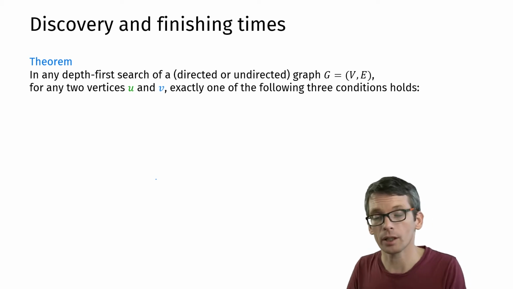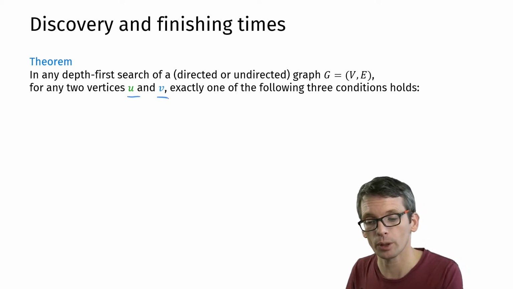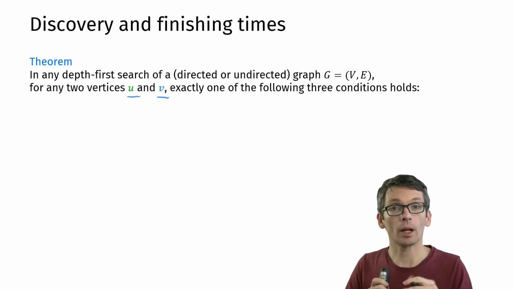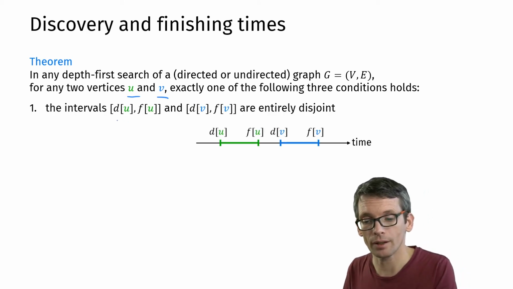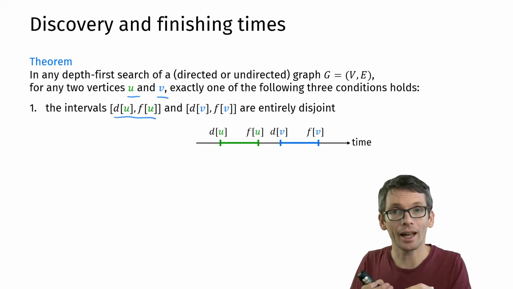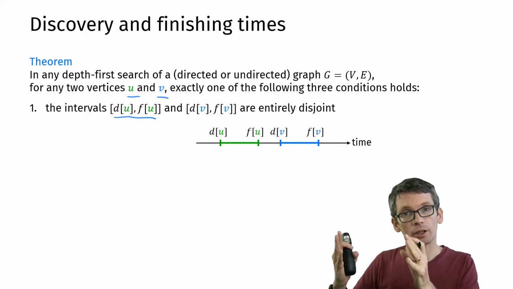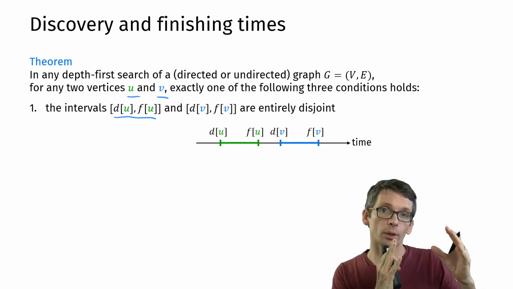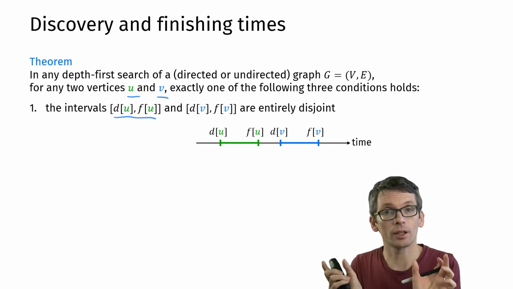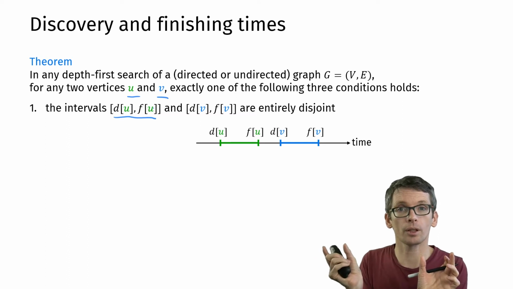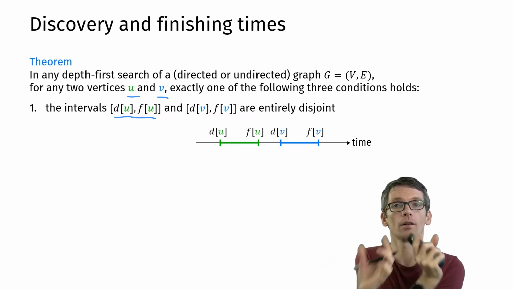More specifically, in a depth-first search, if I look at two vertices, u and v, then I will have one of the following cases. So now I'm looking at the interval du fu, so discovery and finishing time of u, and discovery and finishing time of v. So either those two intervals are completely disjoint, so either u completely first and then v, or vice versa.